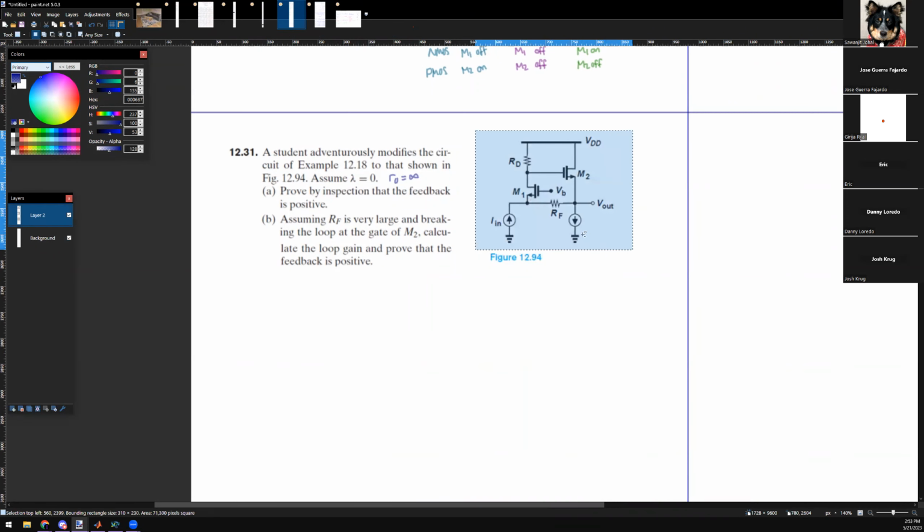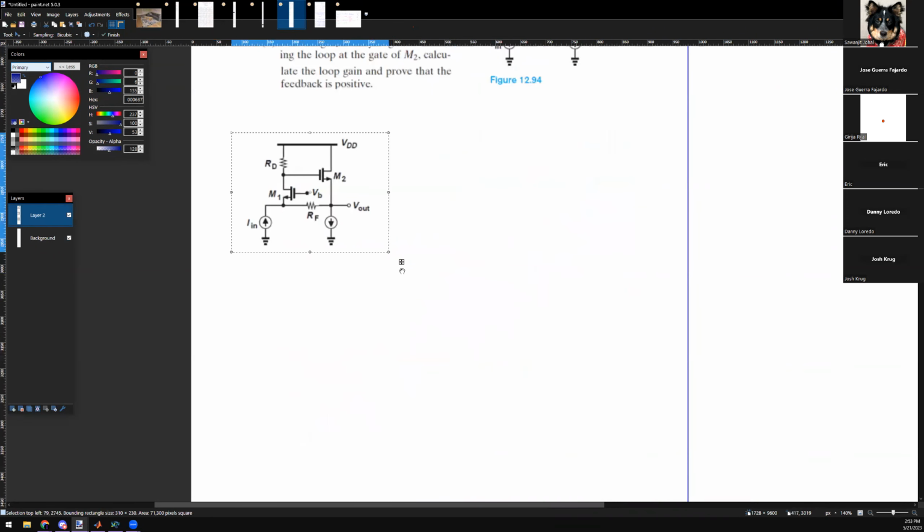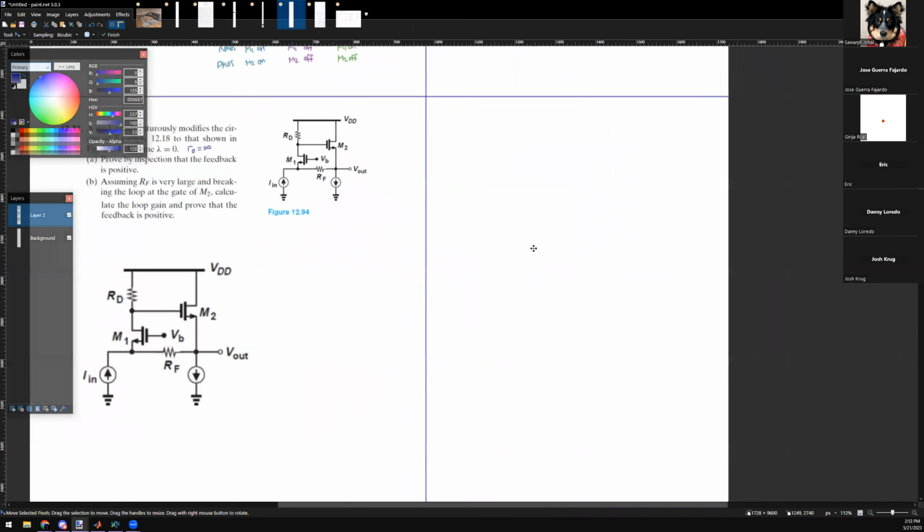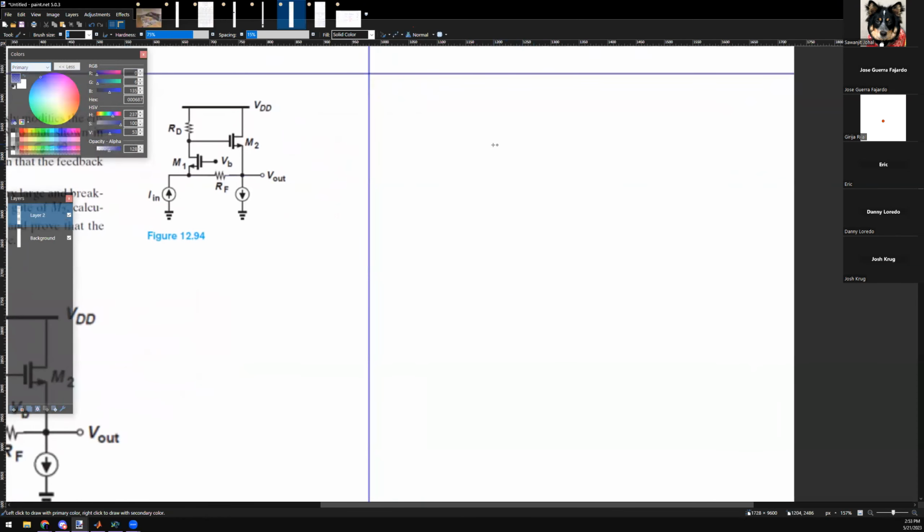You guys need to know your concept of feedback. For a negative feedback circuit, you have a plus terminal and a minus terminal. Typically you have an H, a G or something, and you come back, you have V out and V in.